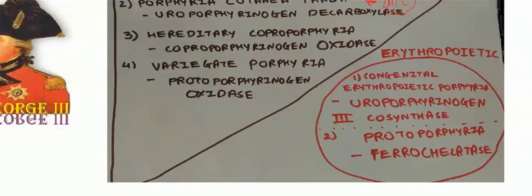So let us see what the porphyrins are. Porphyrins involve four pyrrole rings. Four pyrrole rings form one porphyrin, and a pyrrole ring is a cyclic compound with nitrogen, and the nitrogen binds to a metallic ion.